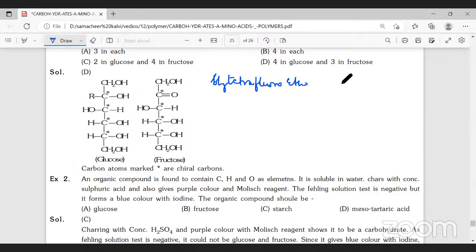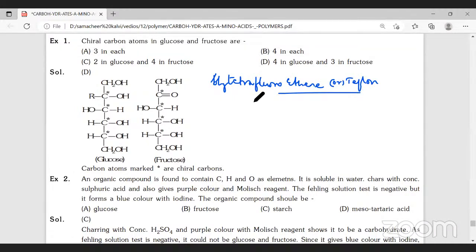This polytetrafluoroethene is also called Teflon. In preparation of polytetrafluoroethene, the monomeric unit is tetrafluoroethene. So ethene, we know, is CH2 double bond CH2. If these hydrogen atoms are replaced by F, CF2 double bond CF2, this is tetrafluoroethene.